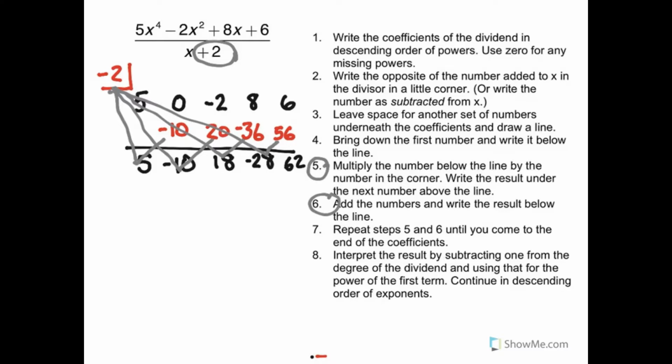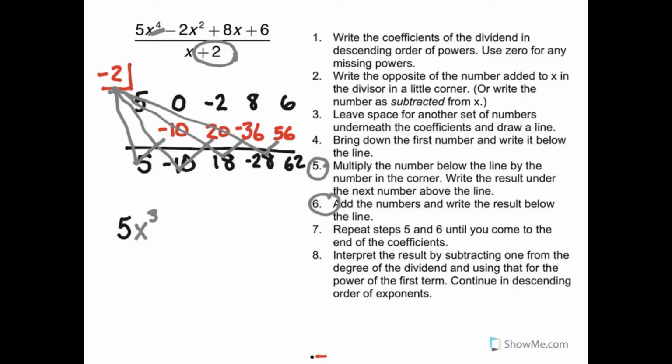Now the last part is to interpret the results. So remember, all I have here are coefficients. 5, well, what's the power of x? It's 1 less than the highest power in the dividend. So the dividend has x fourth.